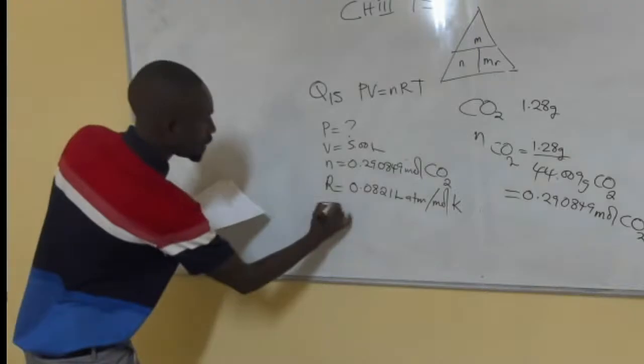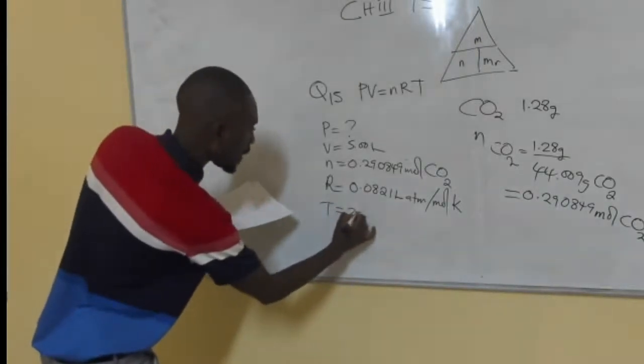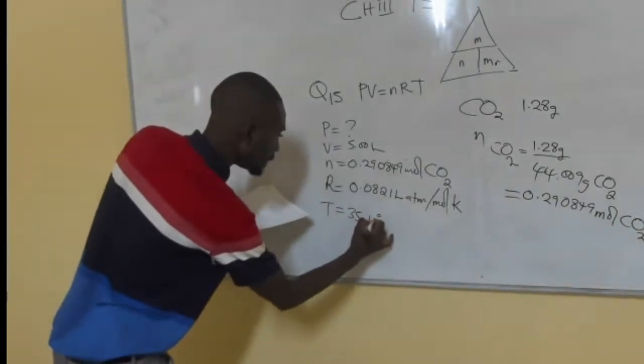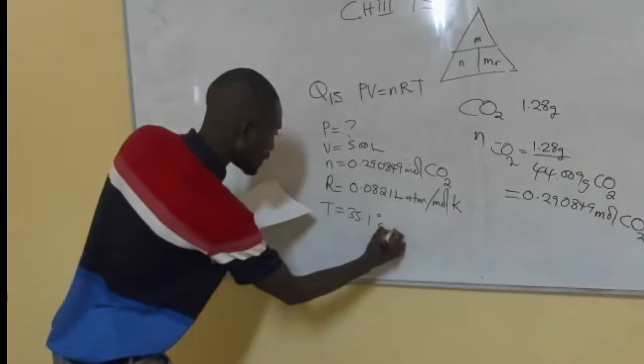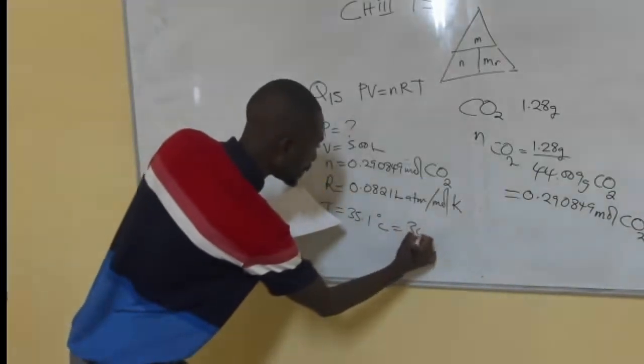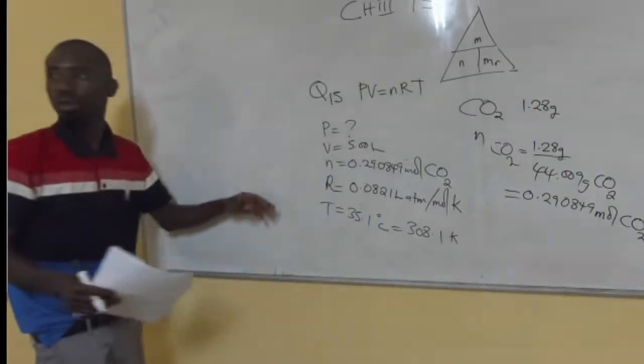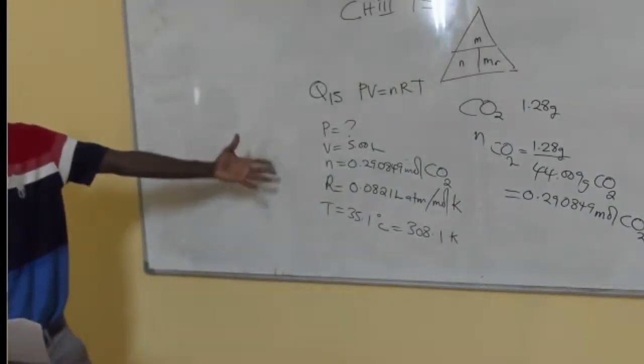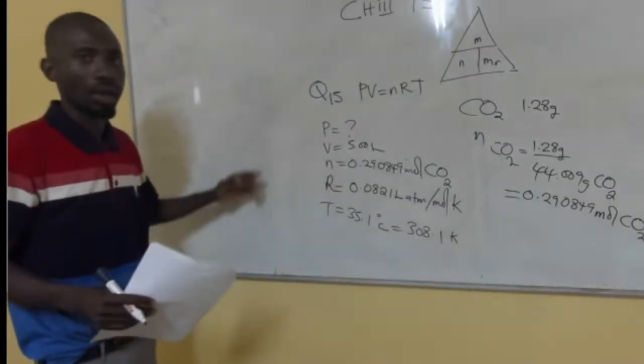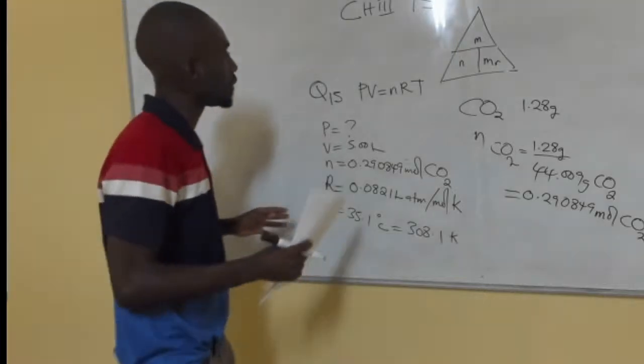Then temperature, of course, we have 35.1 degrees Celsius, which is equivalent to 308.1 Kelvin. So we have everything now at our disposal.